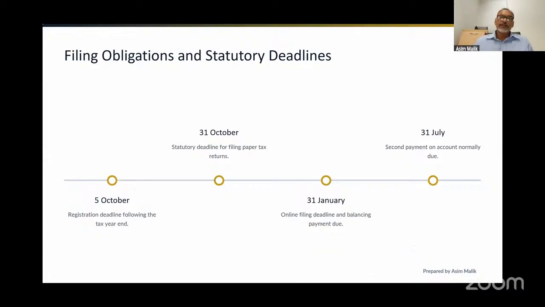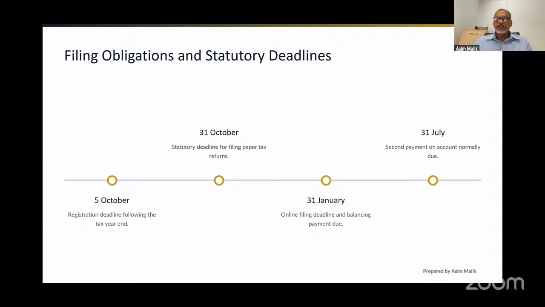Even commercially available software or HMRC-owned software assists you in checking and calculating the tax returns. So I do recommend filing online, but the statutory deadline for submitting the tax return on paper is 31st of October. 31st of January is the online deadline, and that's when the tax is due.